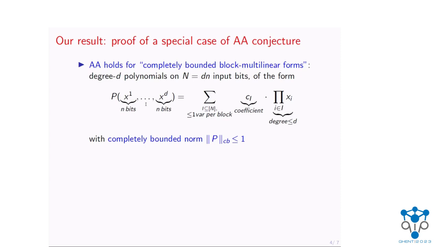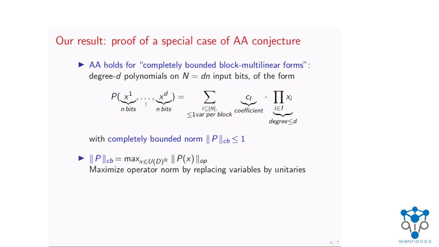And then in addition, we want the property that this polynomial p has a so-called completely bounded norm that's at most 1. All this stuff together explains most of my title. Let me just tell you what this completely bounded norm is. It's kind of nice. It also connects to quantum algorithms in a way that I'll mention in a moment. So you're thinking of this polynomial now not as a function on bits, pluses and minuses, but as a function on unitaries.